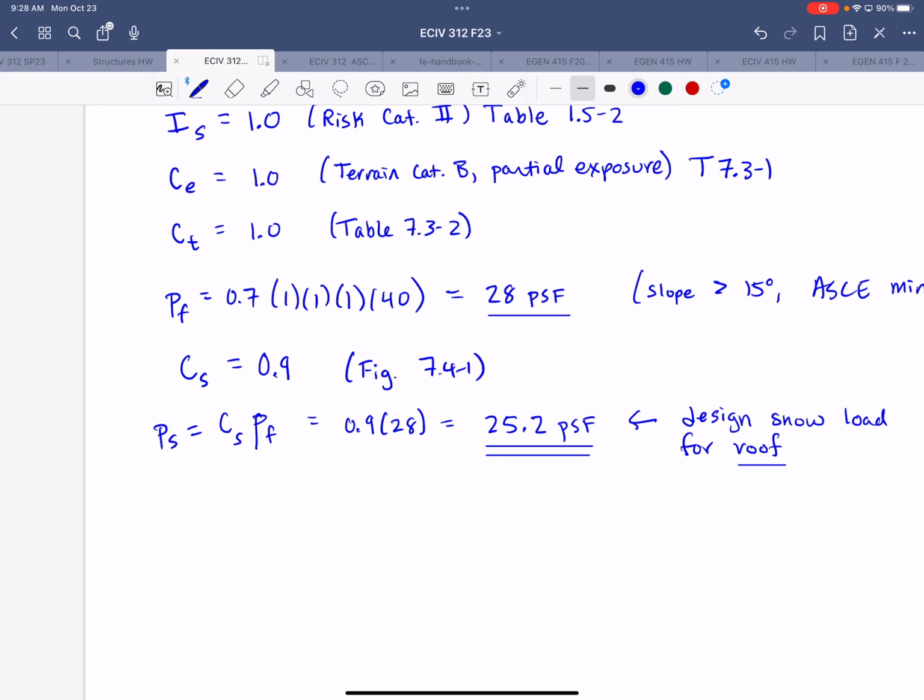All right, so when we talk about things and say, what is the design snow load for the roof? This is what you're looking for, something in PSF. If you were asked to find the design snow load for a typical interior joist, then you would want to report that in pounds per linear foot, unless it was asked specifically for PSF, right?